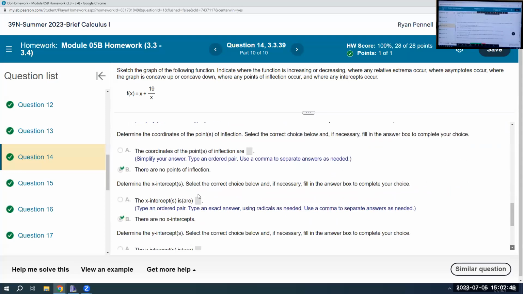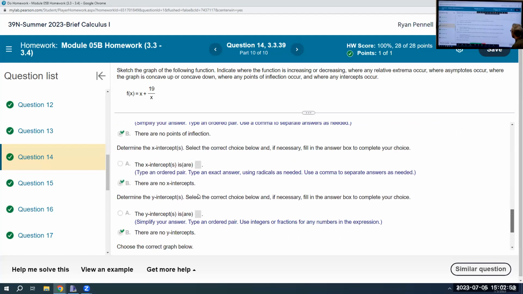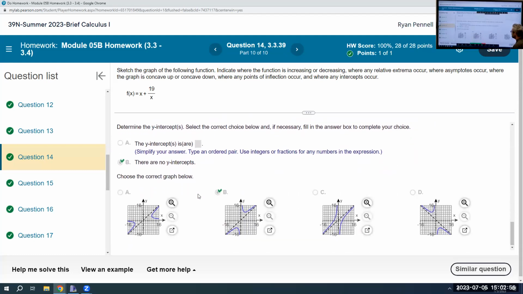Determine the coordinates of the point of inflection. There are no inflection points. There are no x-intercepts. There are no y-intercepts. And choose the graph. Okay, so we don't even have to graph it ourselves. You just have to choose it, but there's 10 parts to that question, so it's almost like 10 questions. So that can suck up a lot of time.